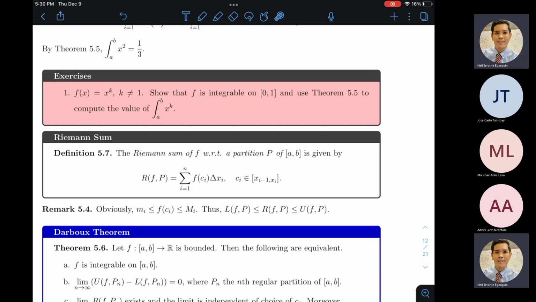So there might be some problems that you will see on December 16th that are not yet discussed. The discussion of those topics may only be delivered on December 21.